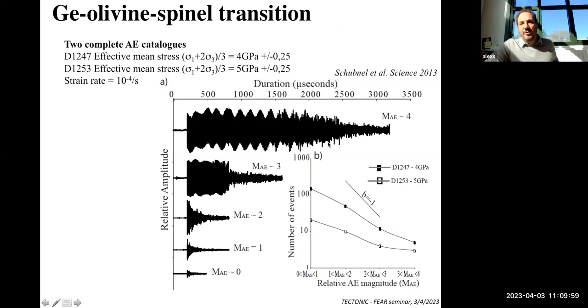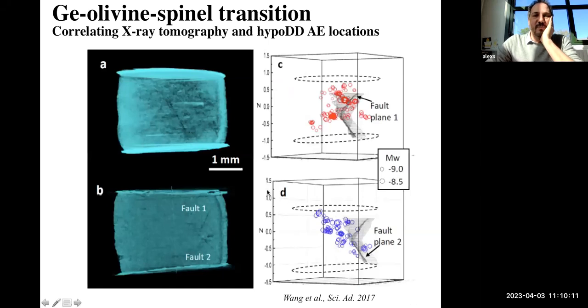And a few years ago, we showed that we can actually produce acoustic emission during the transformation of olivine to spinel at 4 and 5 GPa. After that, some colleagues in Chicago used hypoDD location methods.